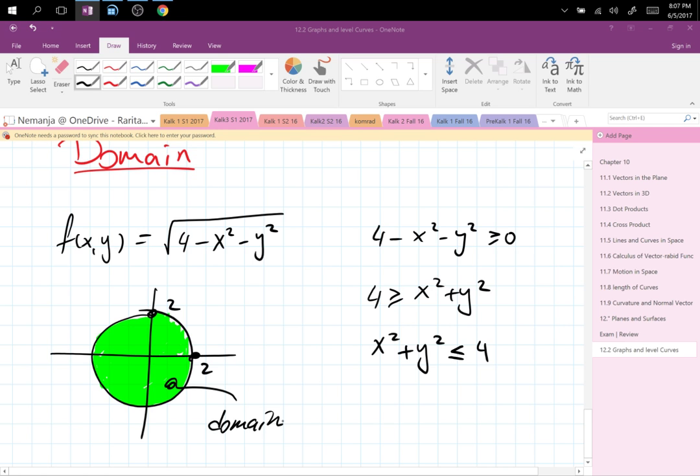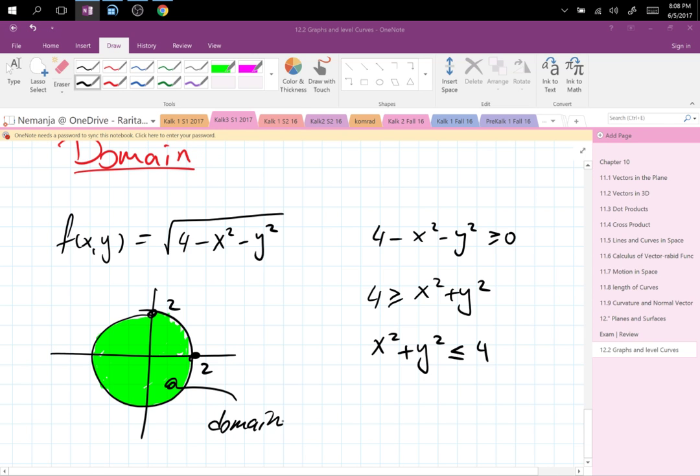Now that means that any ordered pair (x, y) that lives in this circle, you can pick those coordinates up and plug them into the original problem, and you will be able to compute. Pick (1, 1), it's in the region. You plug in (1, 1), you get the square root of 4 minus 1 squared minus 1 squared, which works out to be square root of 2. Awesome, there's your answer.